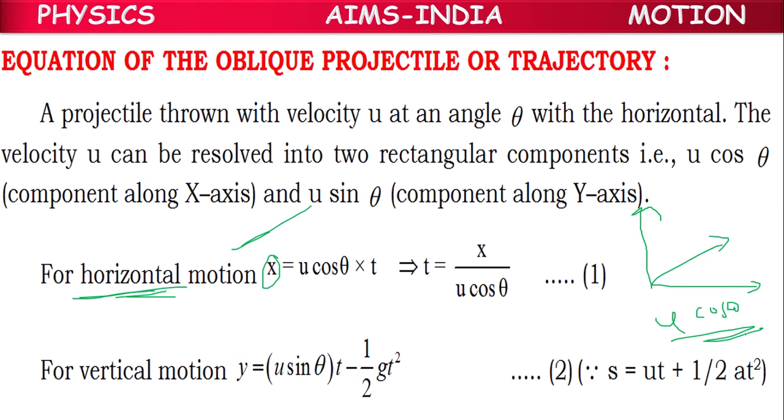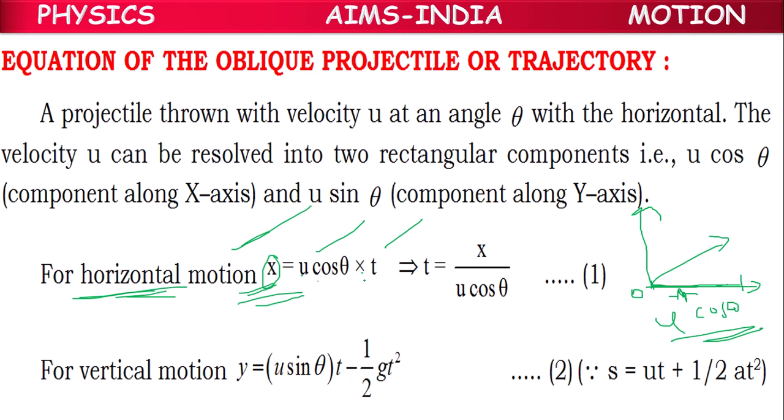Suppose it has traveled a distance of x units from the point of projection O. Then how do we calculate the distance? With what velocity it has traveled and how much time it has traveled: velocity into time. Here actually it is a straight line, so we call it displacement.